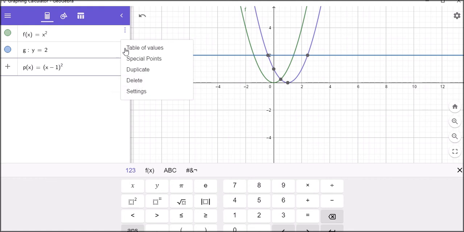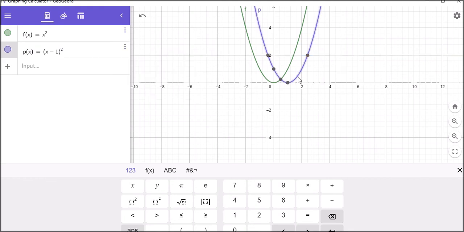Delete that line. Okay, so we can see here d is 1, so the whole graph moves right by 1 unit, because d is positive 1.